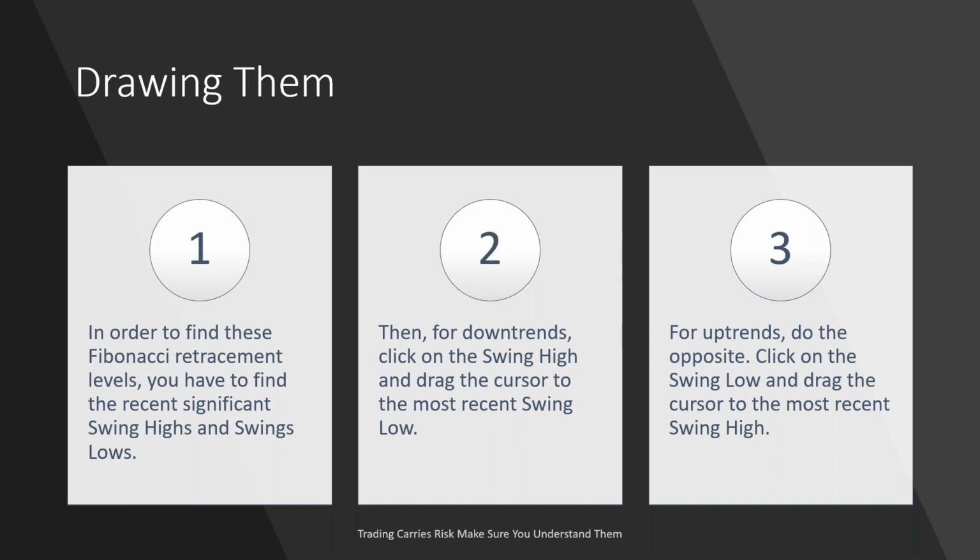So for a downtrend, we click on the swing high and drag the tool to the swing low. For uptrends, we do the opposite. So let me see if I can show you this in a little presentation. And then we'll go look at a live chart and see if we can put this on there.